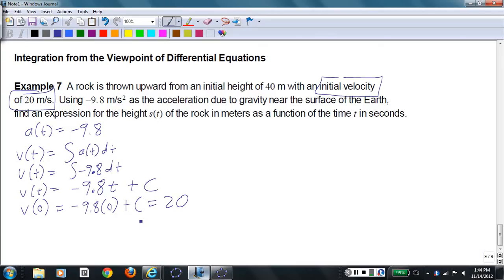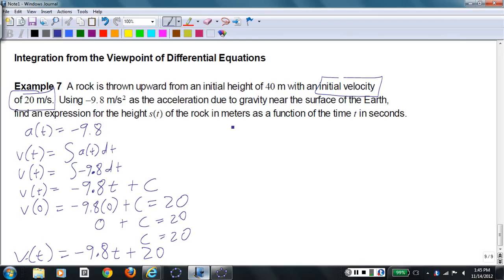Basically, 0 plus c equals 20, so c equals 20 meters per second. So to finish up the velocity function, with the given initial condition, v of t is negative 9.8t plus 20, where v of t expresses the velocity in meters per second.